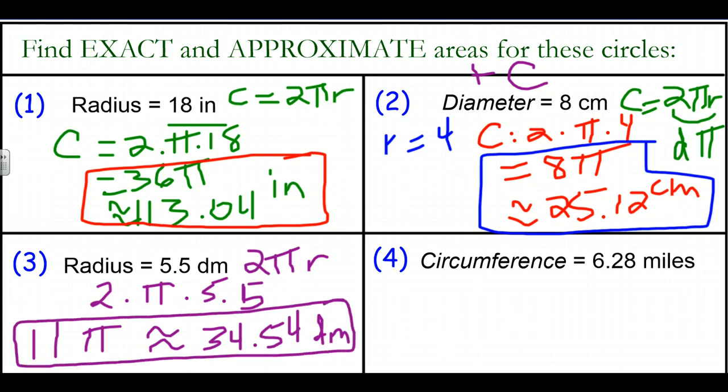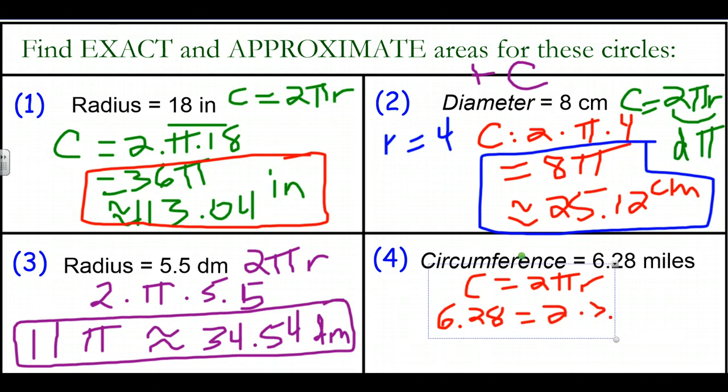And finally, for number 4, it's a little bit different. We have the circumference. So we're not going to find the circumference. We need to find the radius to find the area. So our circumference formula is, circumference is 2 pi r. We know that 6.28 is the same as 2 times 3.14 times r. Now, 2 times 3.14 is actually 6.28.